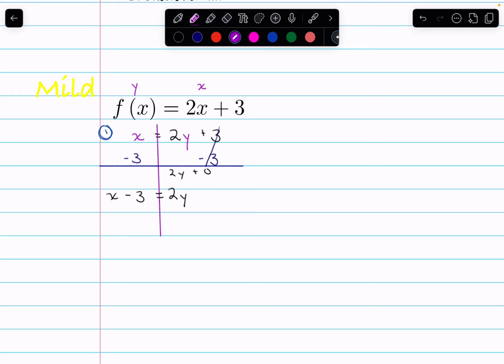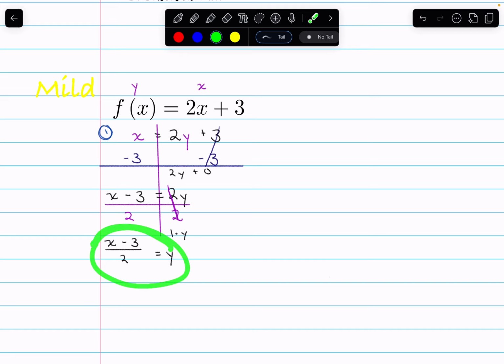Okay. Next up, what I'm going to do is I'm going to divide both sides by the 2. Divide by 2, divide by 2. 2 divided by 2 is 1. So remember, that's like saying 1 times y. 1 times y is y equals x minus 3 over 2, and there's nothing we can simplify, so we get to be lazy and leave it like that. Okay? This is our inverse. So the only thing we're going to do is we're going to write it in the correct form.